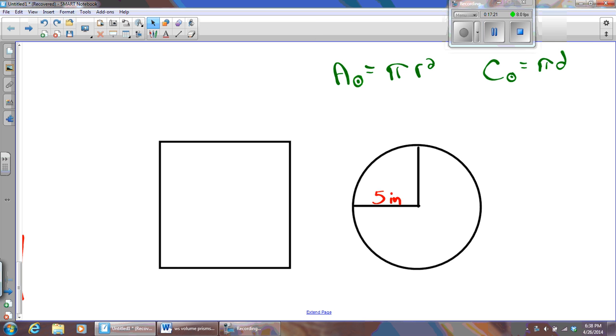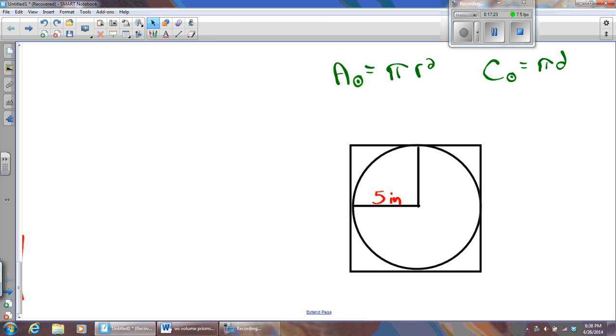In fact, let's bring the square over here, put it on there. If I multiply the radius times the radius, I would get the area of this, right? And now you might go, hey, there's 4 of those squares in there, right?